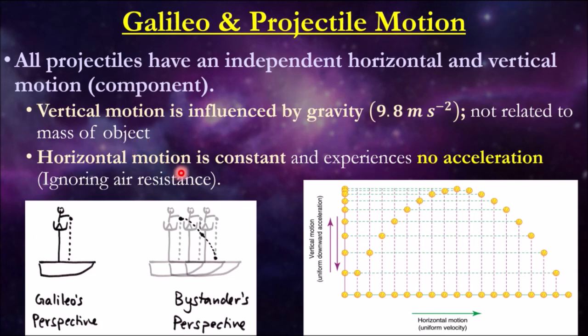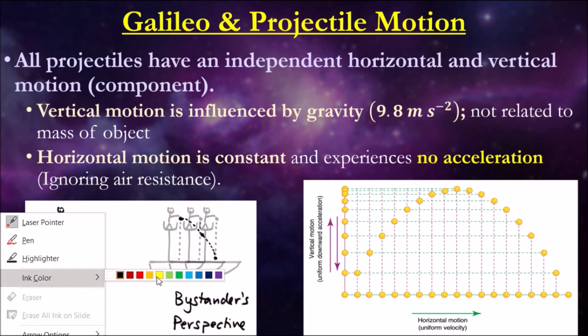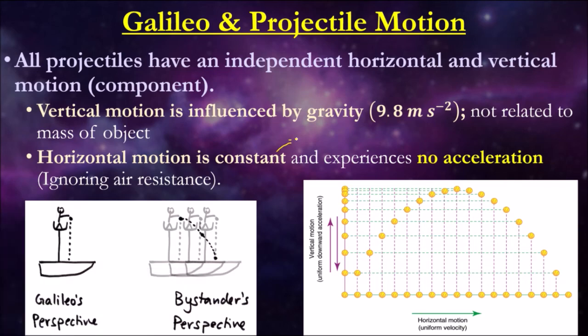The horizontal motion will have a constant velocity, make that very clear. The reason why it has a constant velocity is because there is no acceleration being applied or experienced, and that's because we ignore air resistance. So that's Galileo's conclusion about projectile motion.